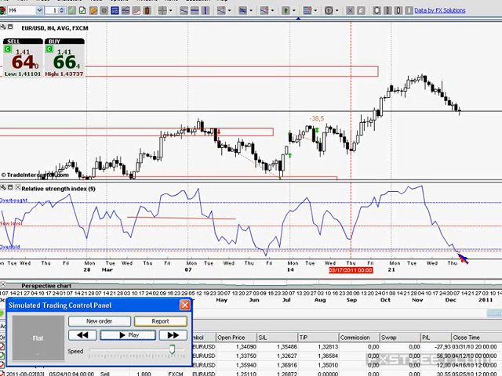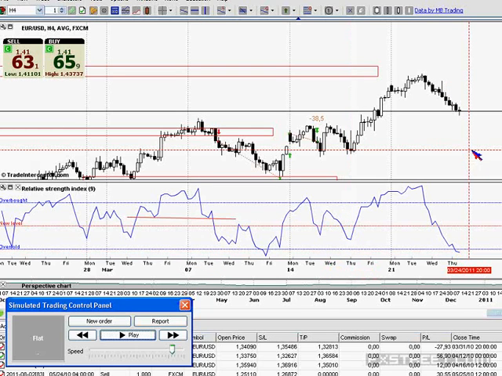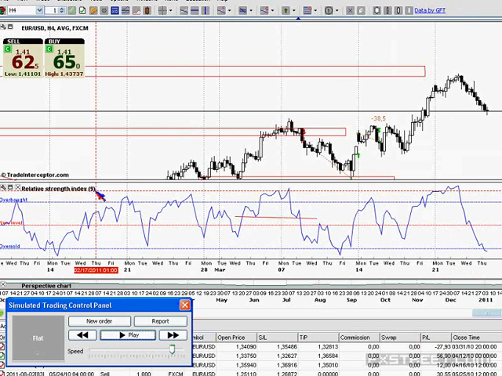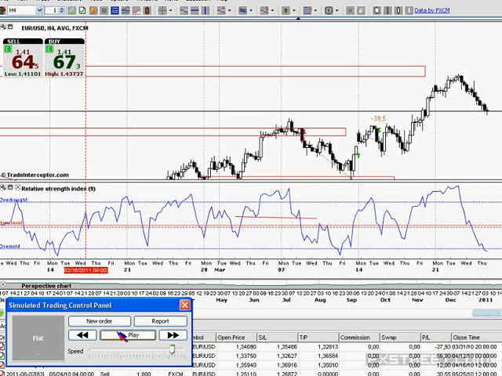overbought to oversold. That's simply because it's a very sensitive indicator, generally speaking, but also here with a very short time period in the calculation.